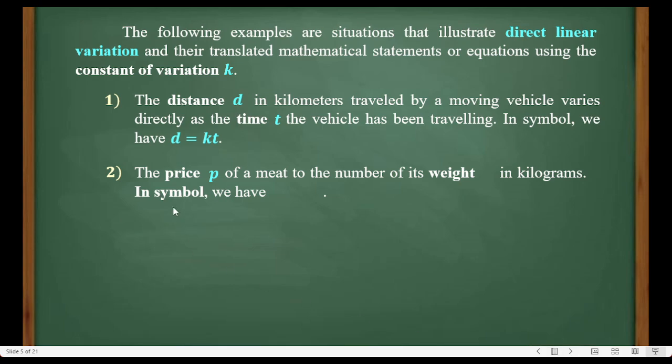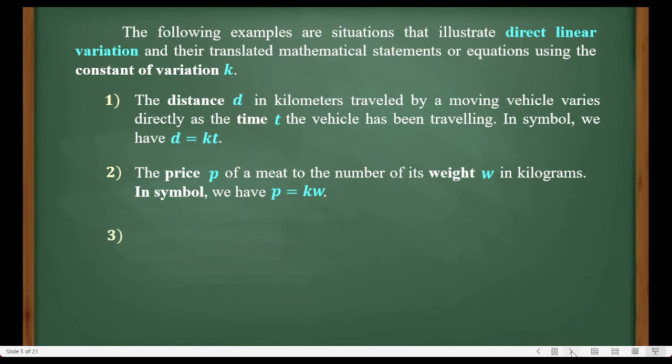Suppose the first quantity, which is price, is denoted by small letter p, and the weight of that meat, in kilos, is represented by small letter w. Therefore, if we translate this mathematically using k, it becomes p is equal to kw.